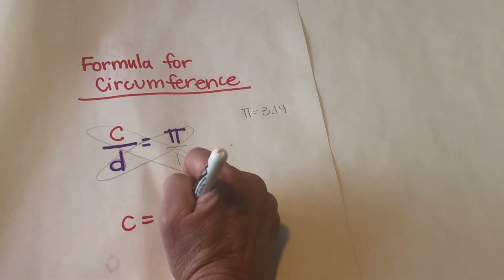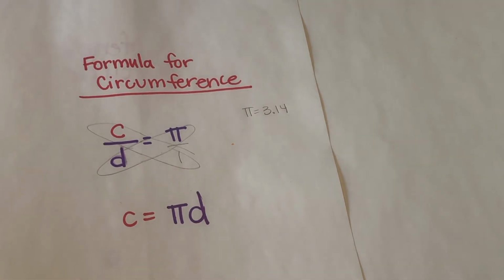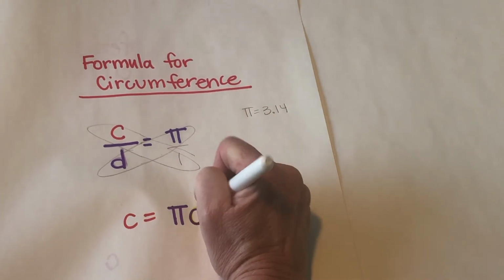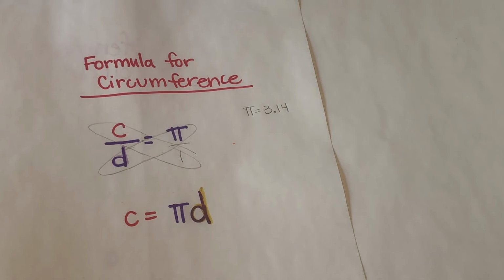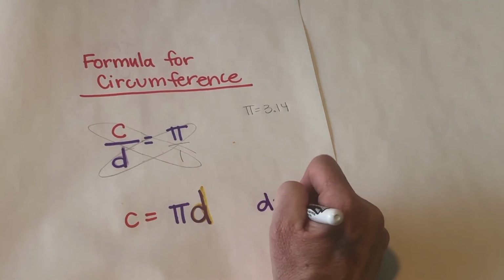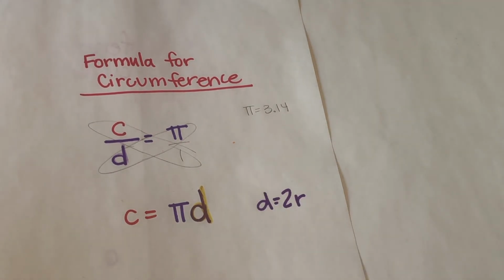Circumference equals pi d. We can also write this in terms of the radius, because we know that the diameter is equal to 2 times the radius.